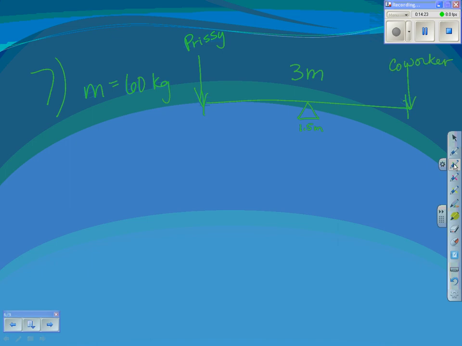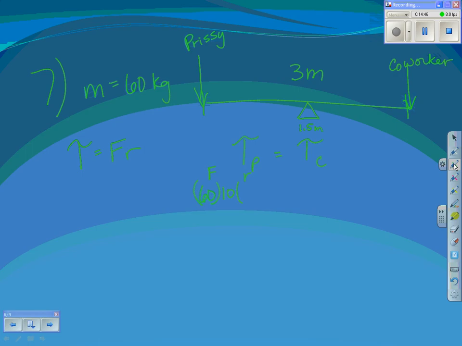If that's the case, then torque is force times radius, okay? And the torque that Prissy has must equal the torque of her coworker to keep it balanced. So the force that Prissy has would be 60 times 10 would be her force.